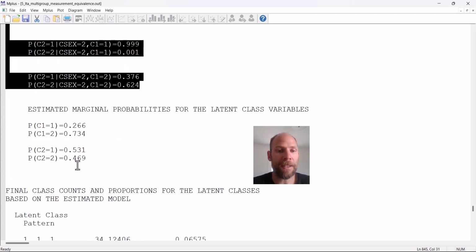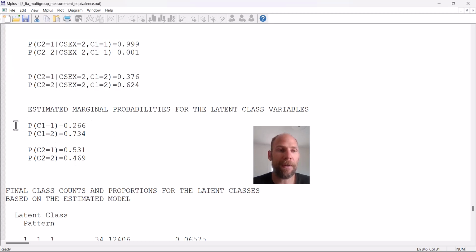Furthermore, we also get the so-called marginal probabilities for the latent class variables, so we get the estimated sizes overall, so to say not conditional on group membership. So the sizes overall across males and females of the two classes at time 1 were 0.266 for class 1 and 0.734 for class 2. And then you can see the class sizes changed pretty dramatically.